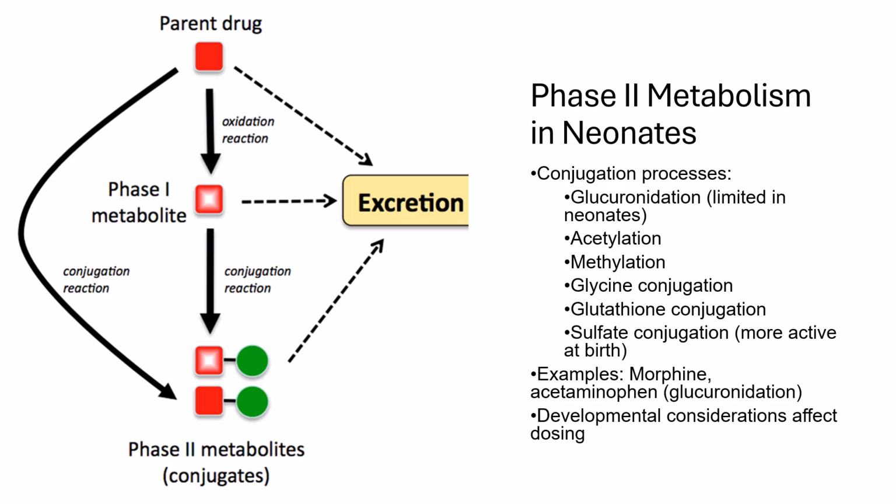Interestingly, sulfate conjugation is more active at birth than other pathways. Morphine and acetaminophen are examples of drugs metabolized through glucuronidation. Because this pathway is limited, these drugs may have prolonged effects in neonates. These developmental considerations significantly affect dosing decisions, particularly for drugs heavily dependent on phase 2 metabolism.